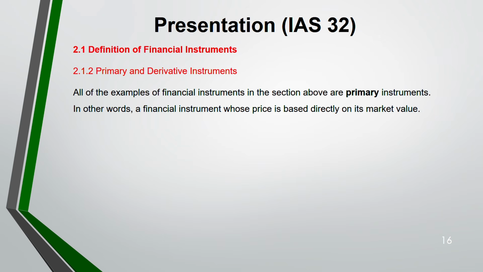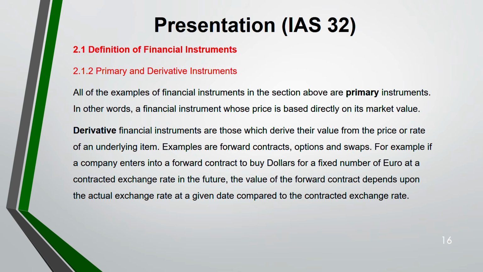That means the trade receivable or equity shares or debt investment are primary instruments. In other words, a financial instrument whose price is based directly on its market value is primary. Derivatives are those which derive their value from the price or rate of an underlying item. For example, forward, option, swap, these all are derivatives.